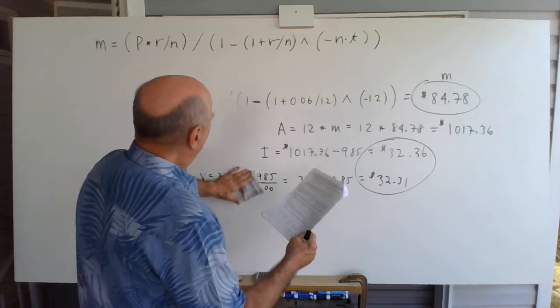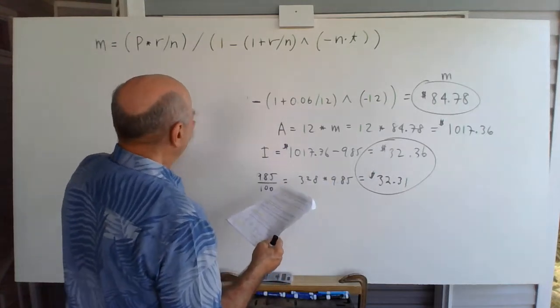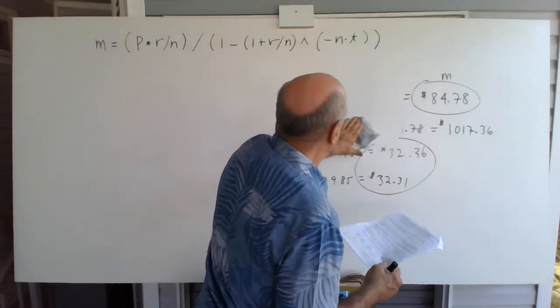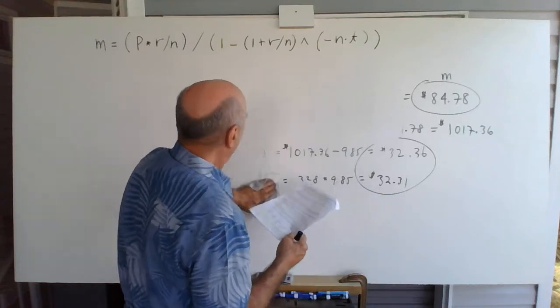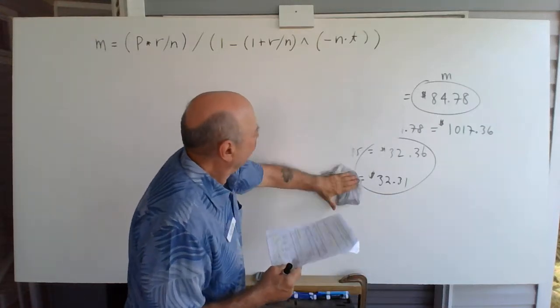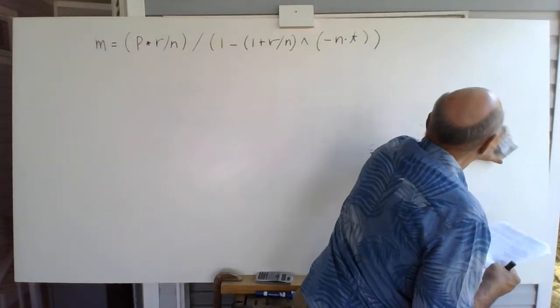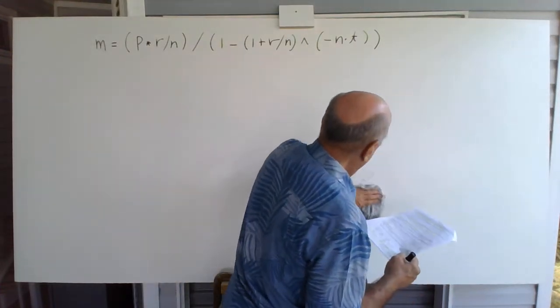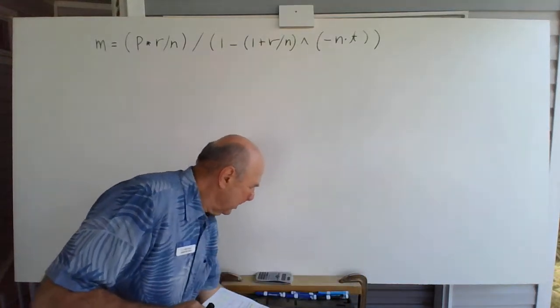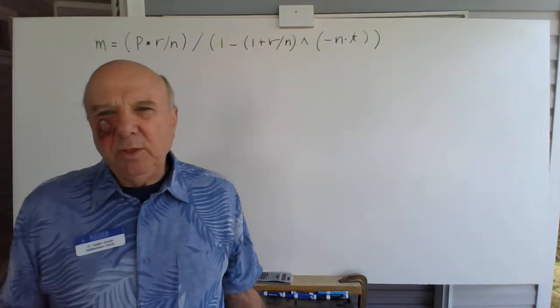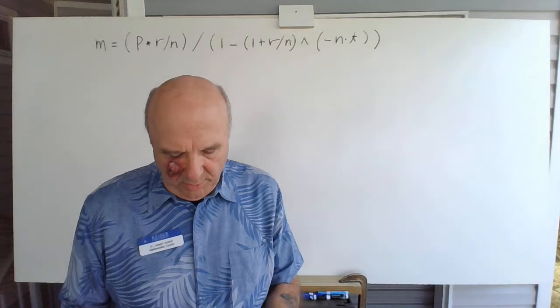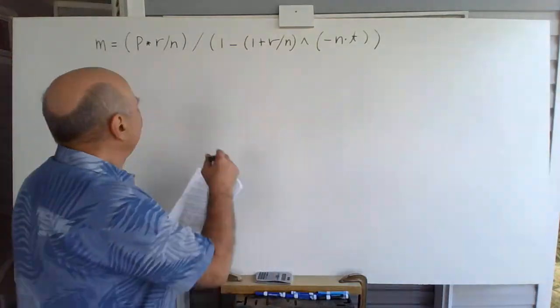The second example is a little bit bigger amount. You're going to borrow $11,000. So this is like maybe for a car. $11,000 might be a used car or a new car with a trade-in. You borrow $11,000 to pay for the new car at 6.5%.